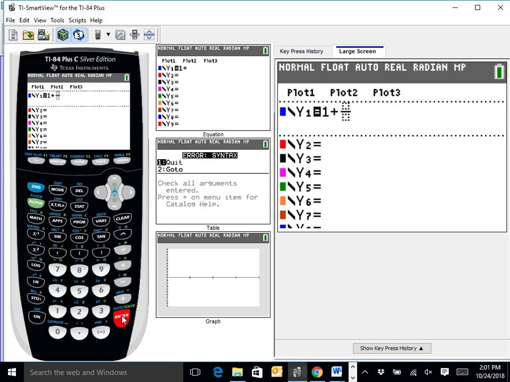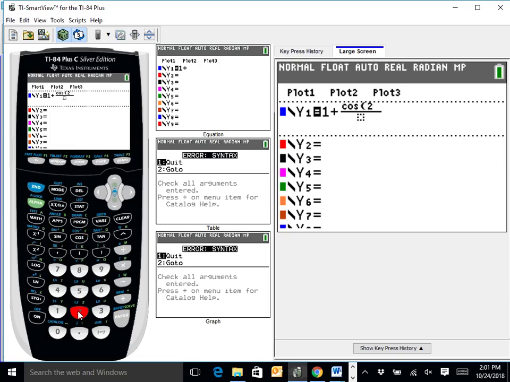Now on top I'm going to have cosine of 2x. And on bottom, I'm going to have e to the negative 0.2t. Of course, t means x here. Now, here's the important thing. I want to use exactly the same type of parentheses that they use as the question was written.